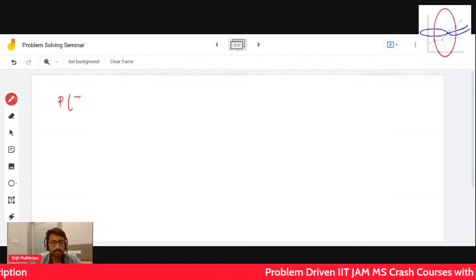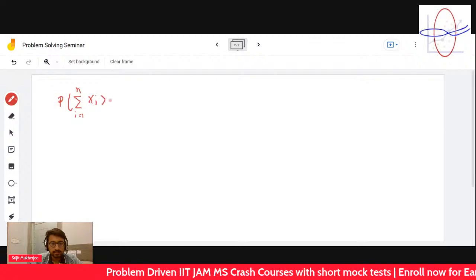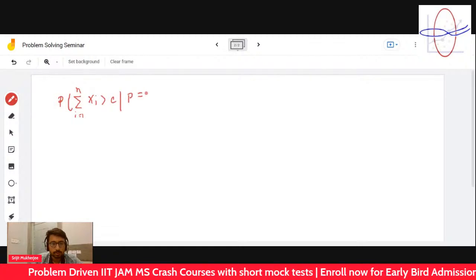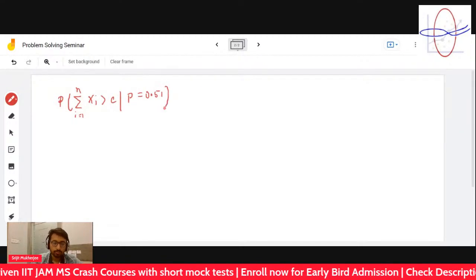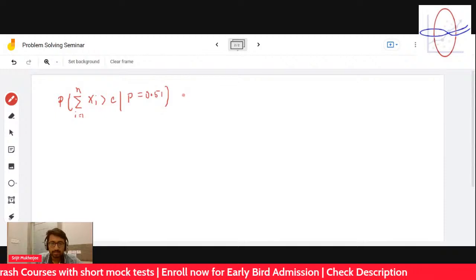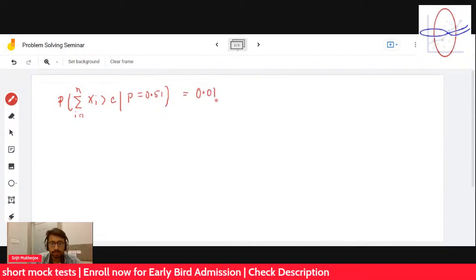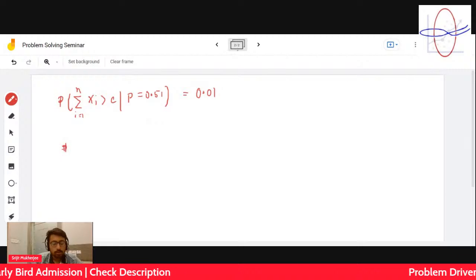Probability summation Xi from 1 to n is greater than C given P is equal to 0.51. Okay, we have to find this. It's equal to 0.01, right? We have to find this C. How do we find this C? We approximate.